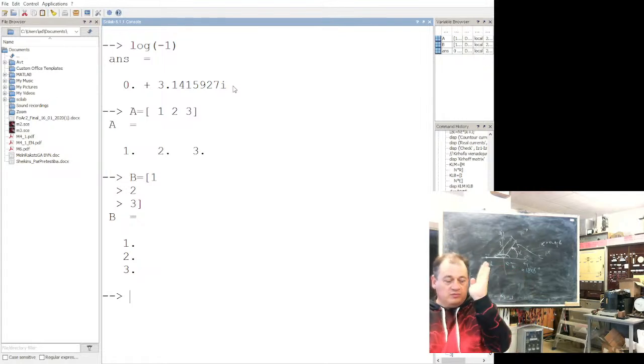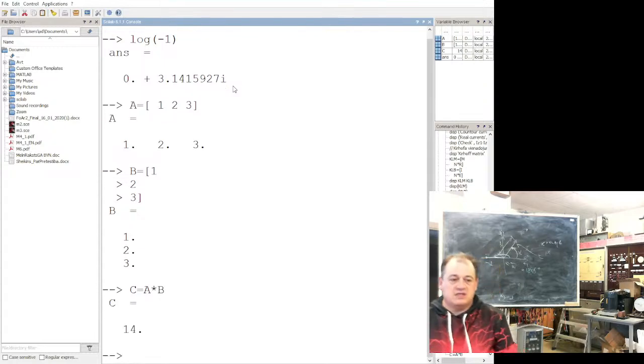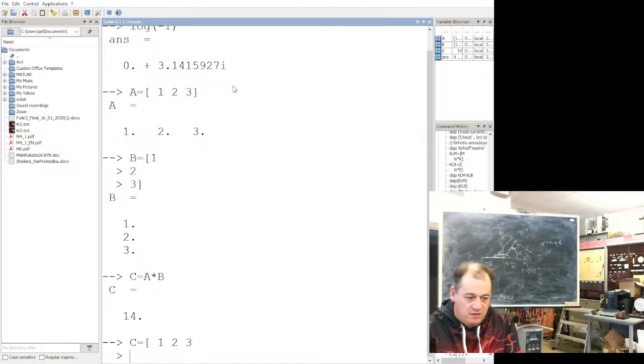Row vector, column vector. Everything about arrays is built in. C, maybe A multiplied by B, it's a scalar. I don't know. C equals 1, 2, 3, 4, 5, 6.